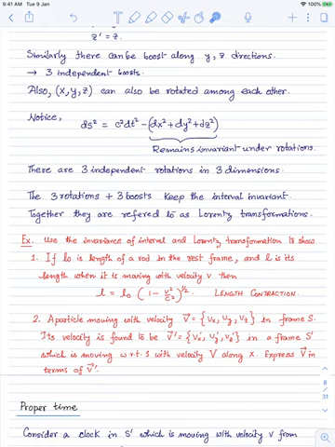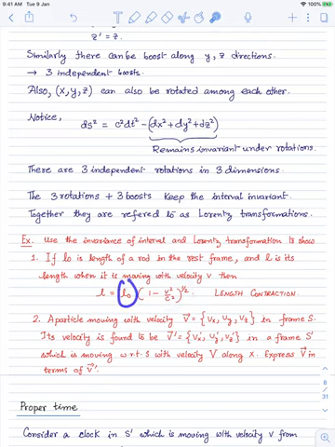So the length of the rod when it is at rest is called the proper length, denoted by L0, and it is related to the length when it is moving through this relationship. As you can see, there's a length contraction. This factor is definitely going to be less than 1, because the maximum value of v is c, the speed of light.